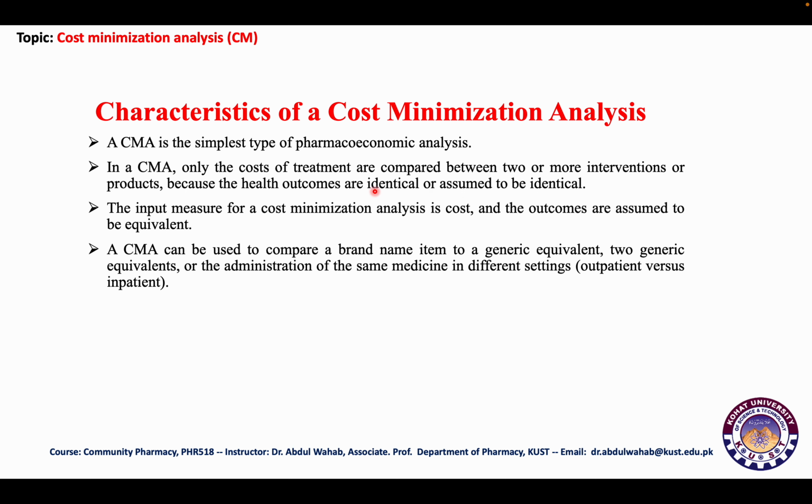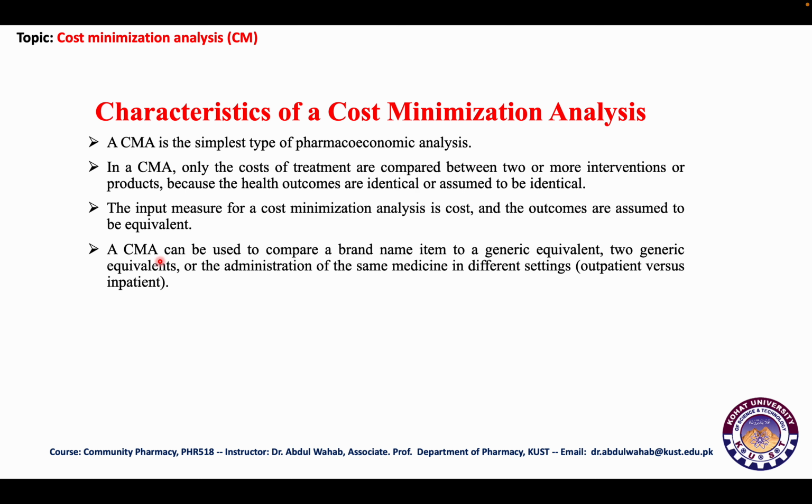If there is a difference between the clinical outcomes, then we can't apply the cost minimization analysis. So the input measure for a cost minimization analysis is cost, and the outcomes are assumed to be equivalent.